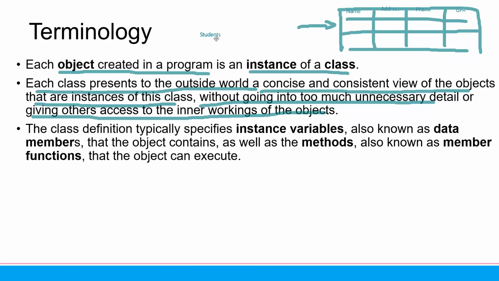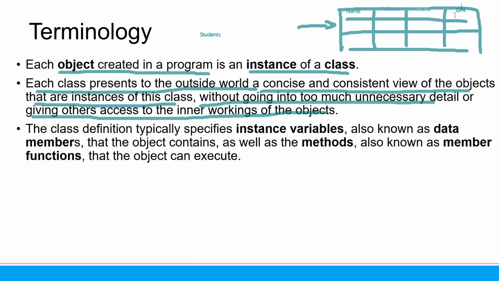Here, the class student should have the name, address, phone, GPA, but later on, you may have some kind of method to change the name, to change the address, to change the phone information, to change the GPA information.